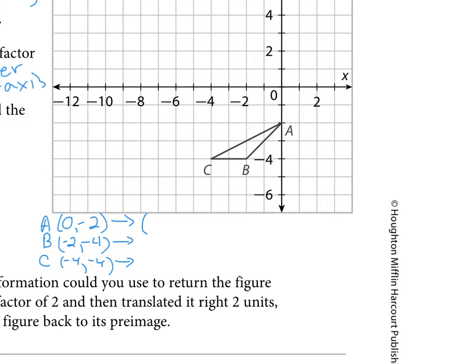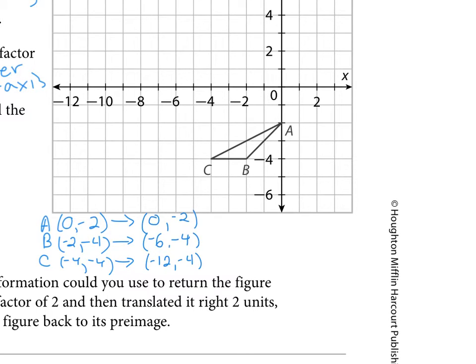So 0 times 3 is still 0. -2 times 3 is -6, and -4 times 3 is -12. So you can see now why they put the axes going all the way over to that direction. It looks a little weird, kind of off-center, but obviously they did it on purpose. And then remember, we're leaving y alone. So -6, -4, and -12, -4.